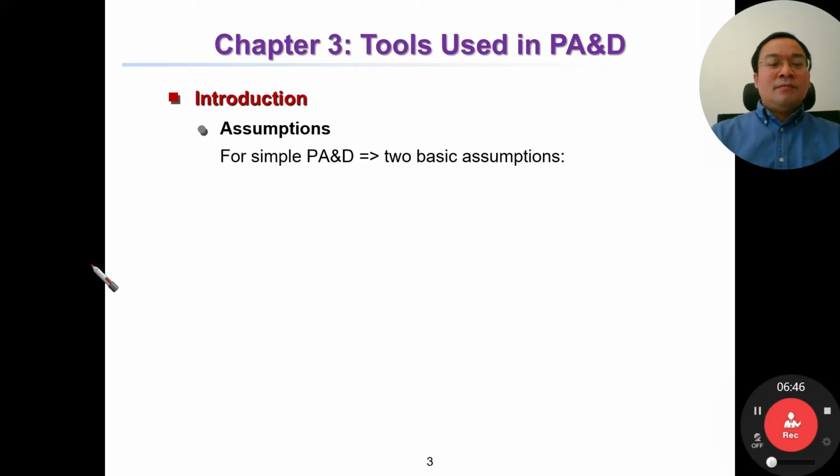The first assumption is large deformation. Large deformation is due to the ductility of the material. It means the structure is assumed to exhibit a large deformation of a section.